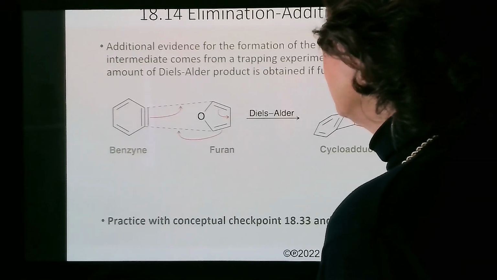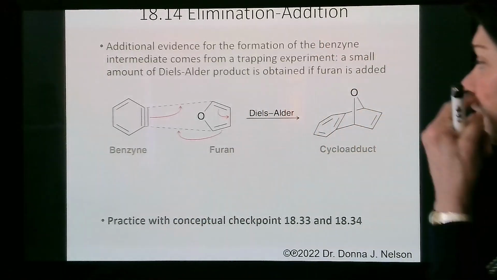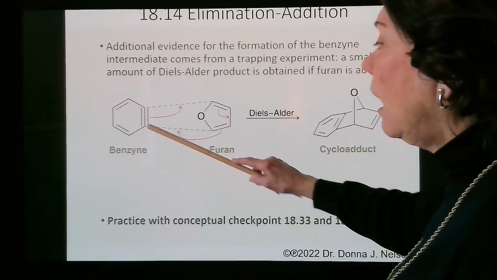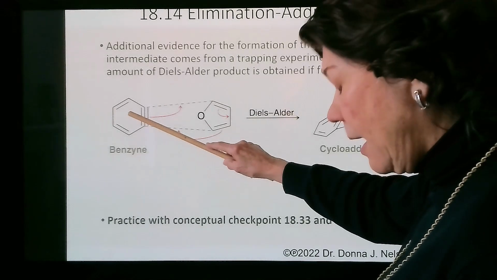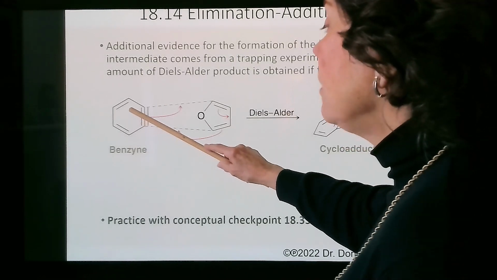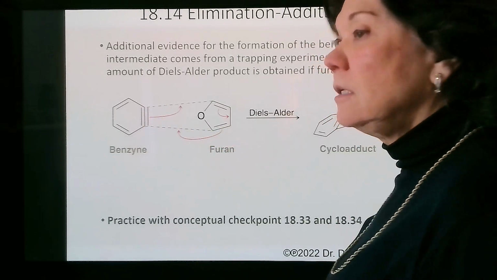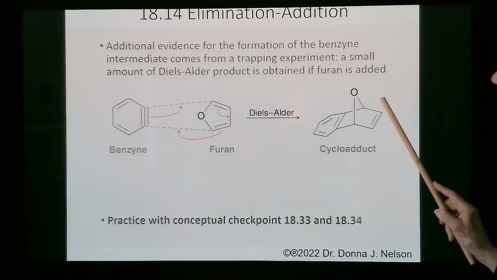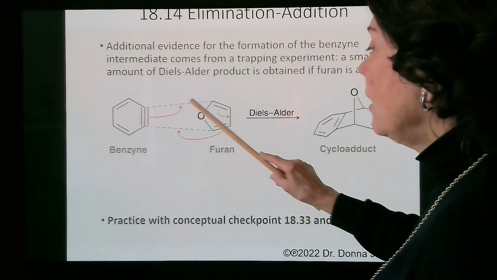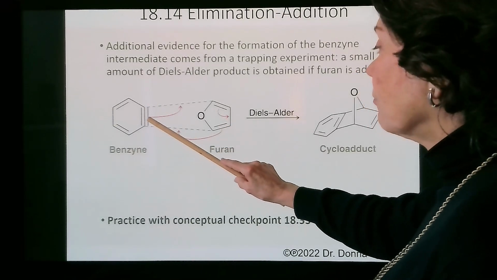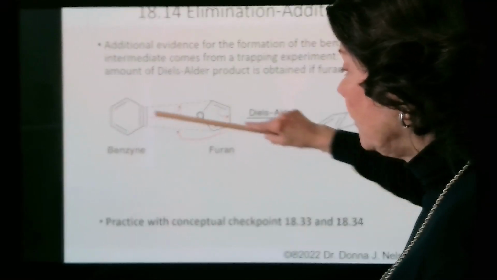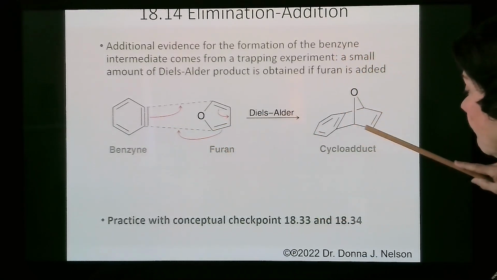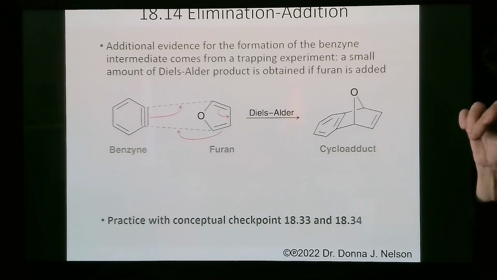So we've already discussed that. Additional evidence for this mechanism is obtained when a reaction that is believed to involve benzyne takes place. Just a little bit of furan is put in, and when that happens, the furan will do a Diels-Alder reaction, a 4+2 reaction, to give this product.